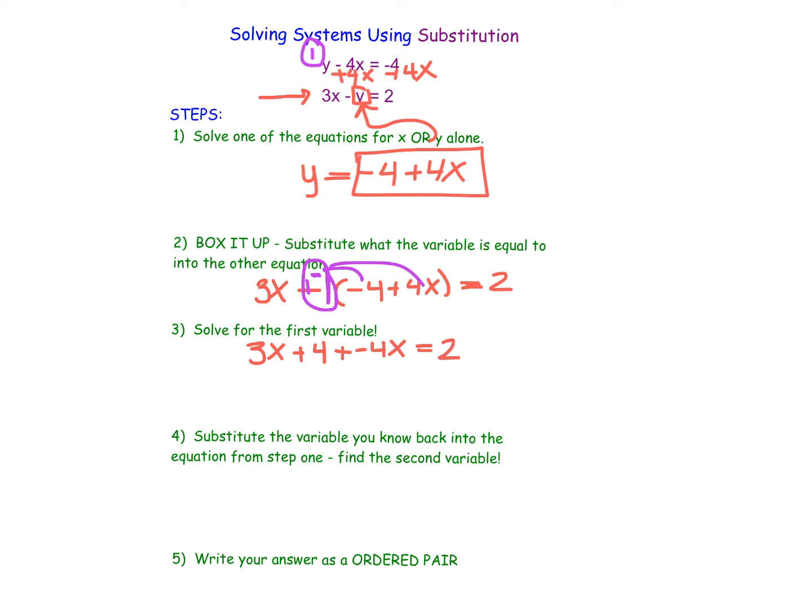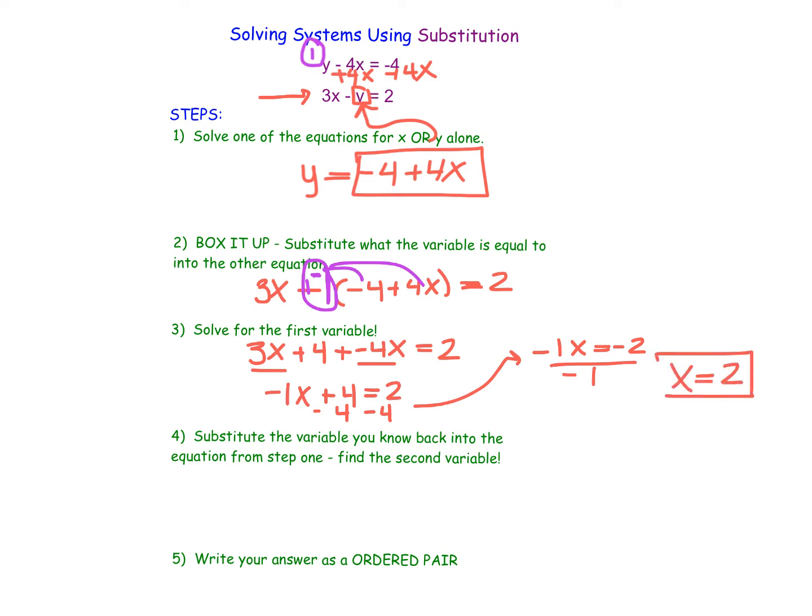And then from here I notice that I have like terms on the same side of the equation. So I have negative 1x plus 4 is equal to 2. Subtract 4 on each side. And I end up with negative 1x is equal to negative 2. Divide both sides by negative 1, and I find that the x-coordinate in the point of intersection for these two lines is x is equal to 2.